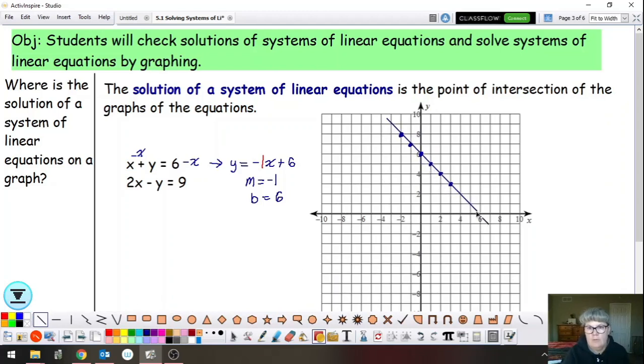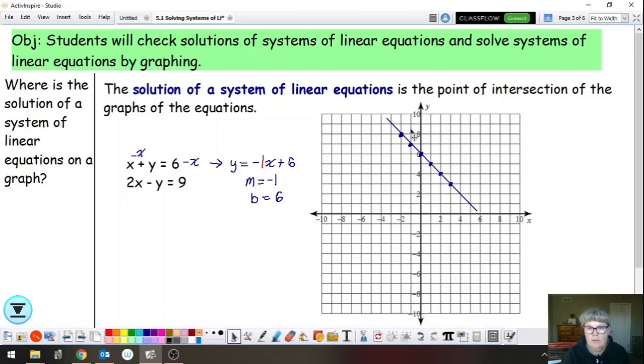And anytime you graph a line, you want to make sure to put arrows on the end as well, because lines go on forever, unless you're given a specific domain.